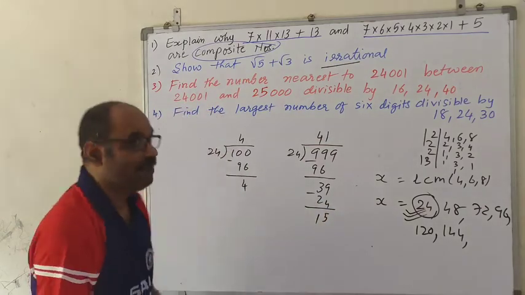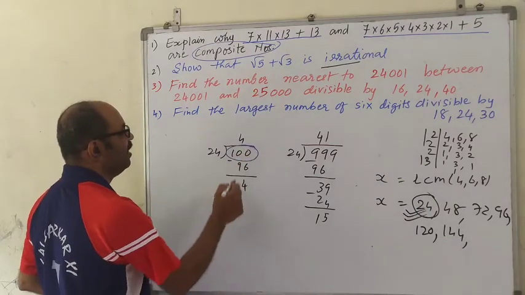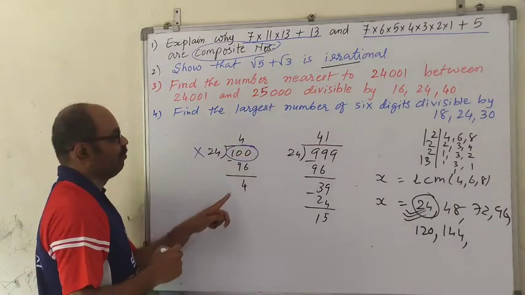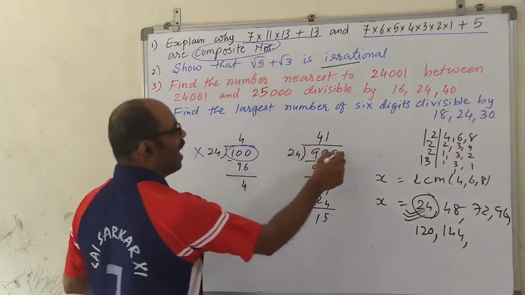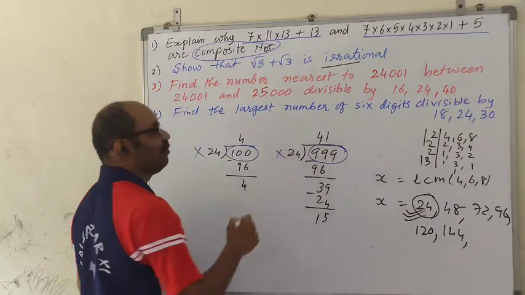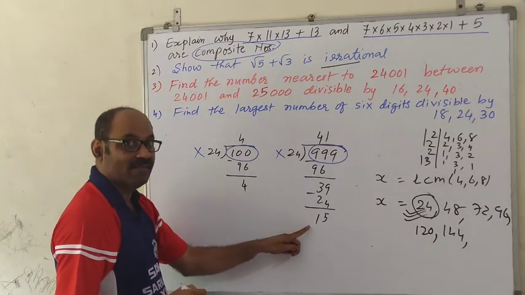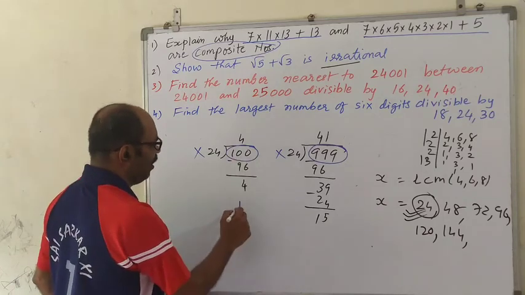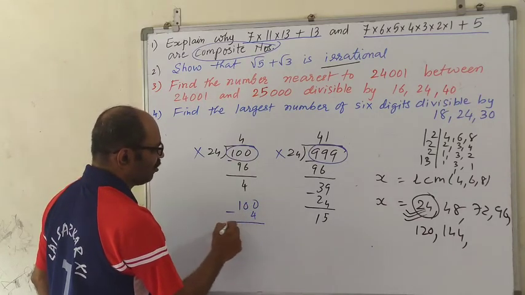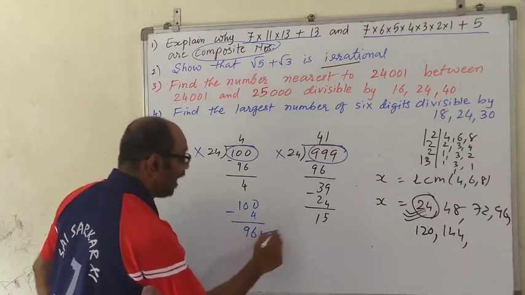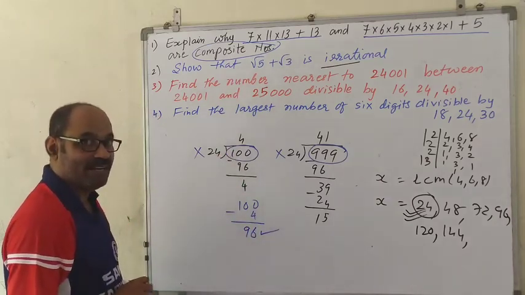Children, what did we learn from this? 100 is not a multiple of 24 because the remainder is 4. 999 is not a multiple of 24 because the remainder is not 0. Let's do one thing: subtract 4 from 100, so what you got? 96. So 96 is a multiple of 24.